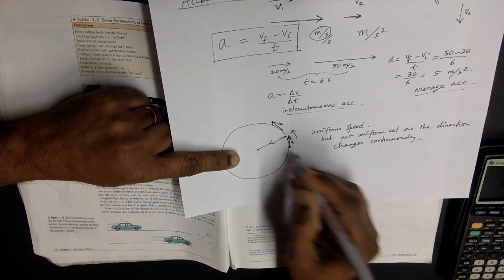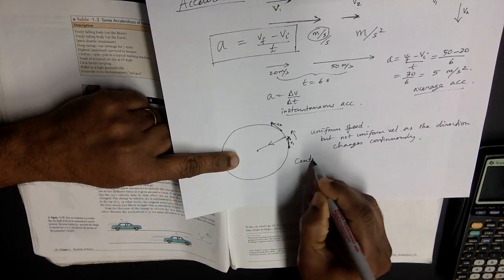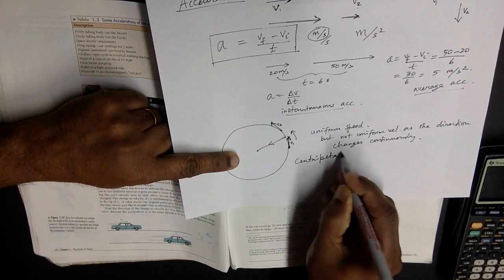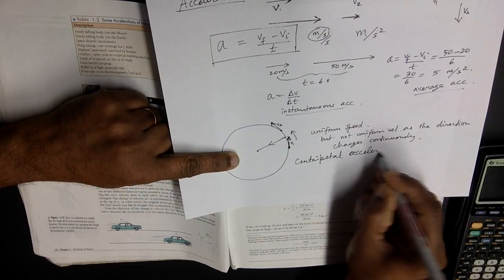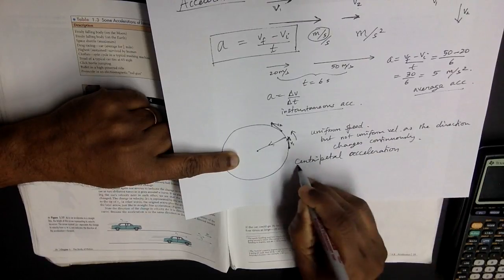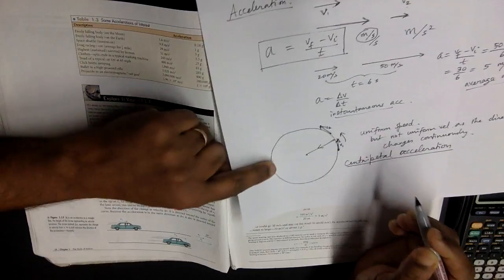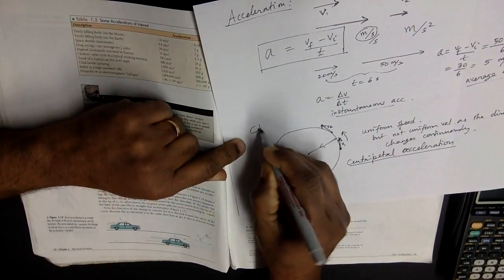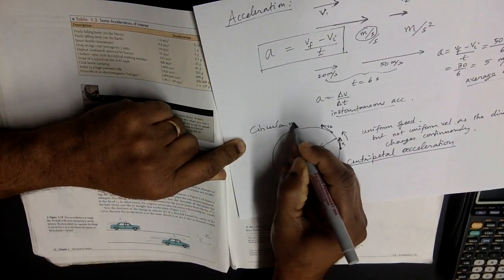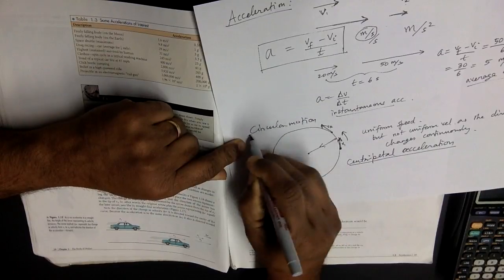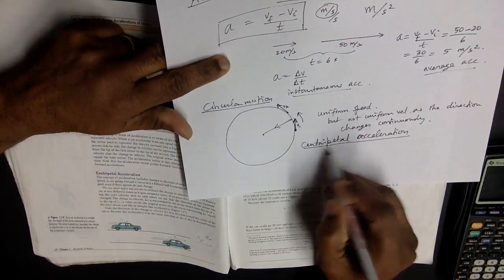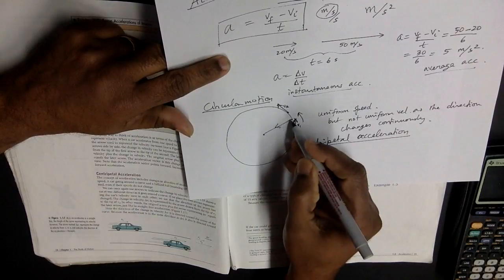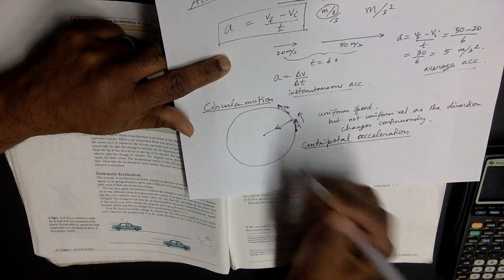And we call that acceleration centripetal acceleration. It only happens in circular motion. So whenever an object is attempting to go in a circular path, you will have centripetal acceleration, and the centripetal acceleration is towards the center.